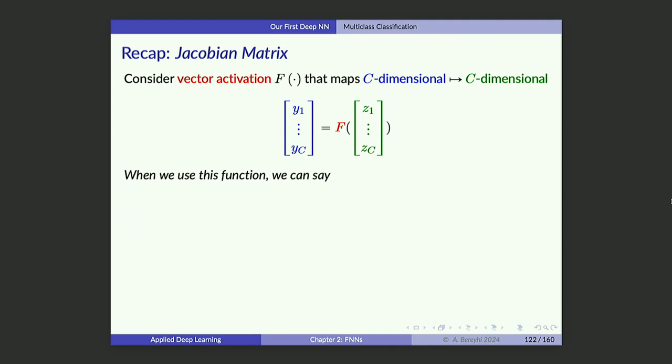So if I want to compute the partial derivative of r hat with respect to z1, and I want to use chain rule, what should I do? Let me do it that way.